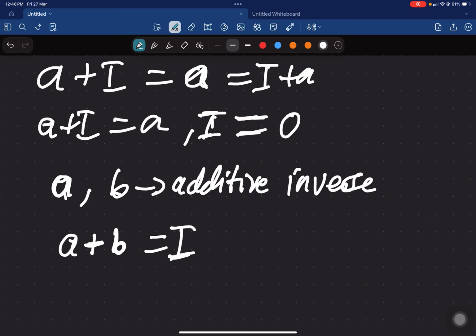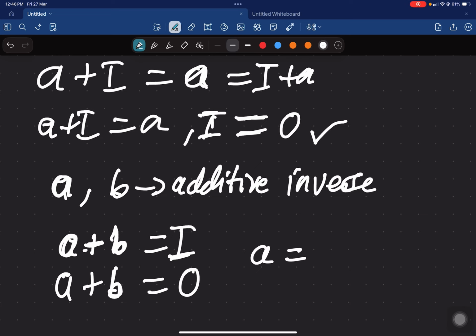In the set of integers, we already found that the identity element is 0. So a plus b should give us 0. So b is our inverse here, and we should find b. When we make a the subject, a will be equal to minus b, or simply put, b equals minus a, because it's b we are interested in. So this inverse element is equal to negative a.